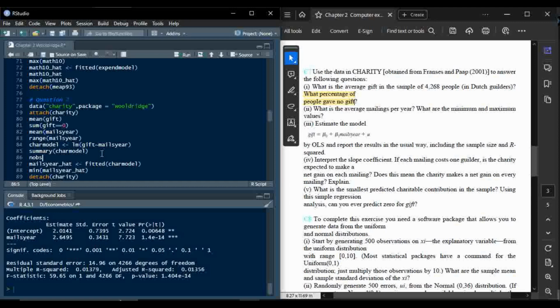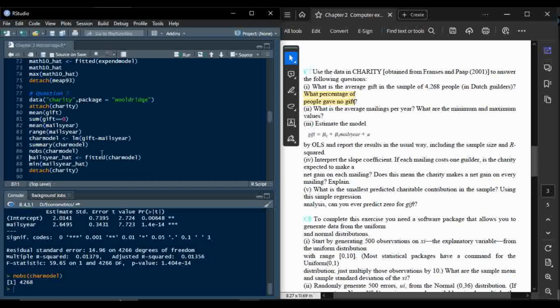Use this function nobs. The number of observations is 4268, and the intercept is 2.01, and the slope coefficient on mails per year is 2.65, and R squared value is 0.138.